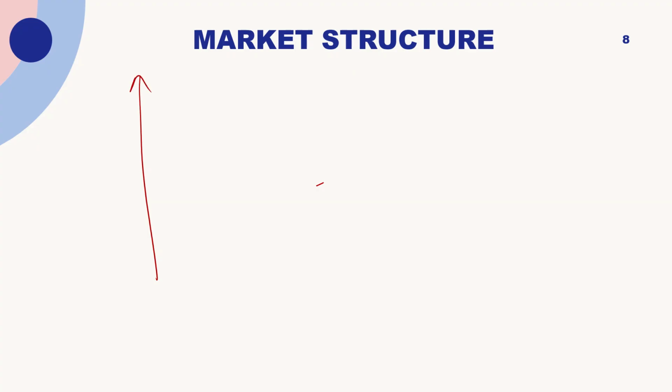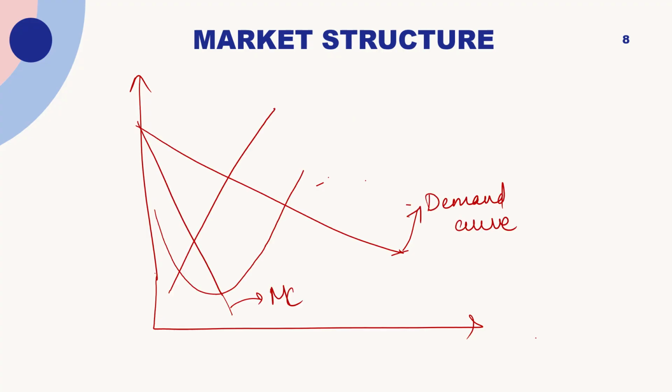So this is the graph. Let me first draw the graph. Now here let's see this graph. This is the graph where we are seeing this as the demand curve, and this is your MC.